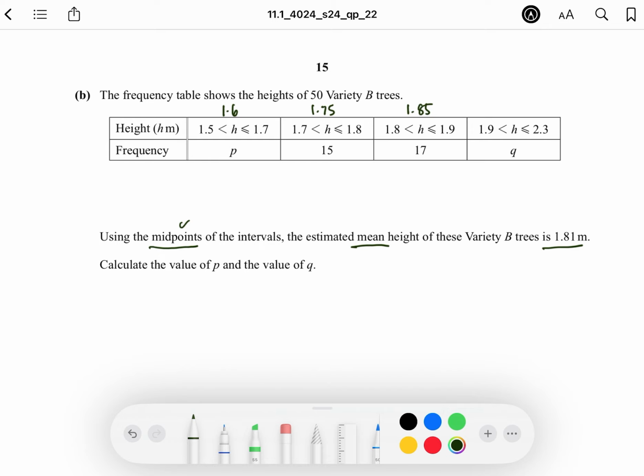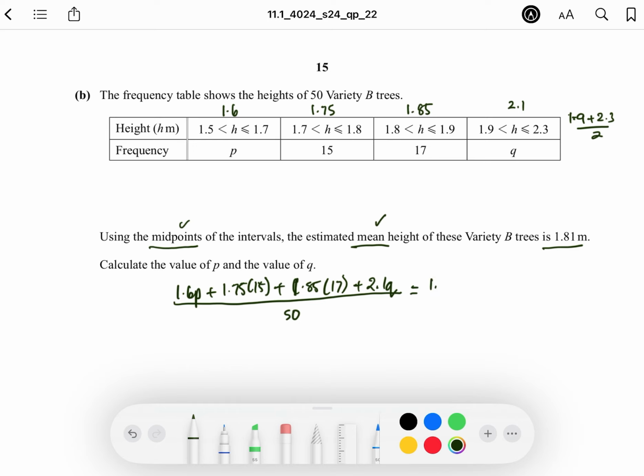So what I can do is 1.9 plus 2.3 divided by 2, and you get 2.1. So using this midpoint to calculate the mean: 1.6 times p, 1.75 times 15 plus 1.85 times 17 plus 2.1q, divided by total frequency, which is 50, and the value of the mean is given 1.81.